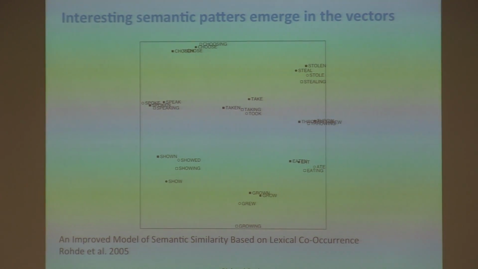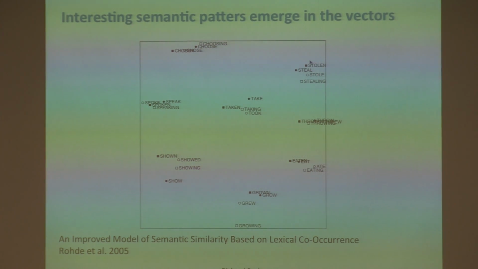But what you see here, and this is what will lead us to the next technique, is actually that it's not as great as it could be. Shown here is in the top left, but take is the top word for that group. And eat is also at the top, but stolen is at the top here.